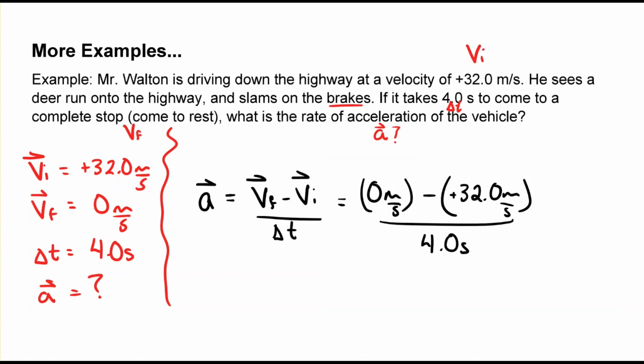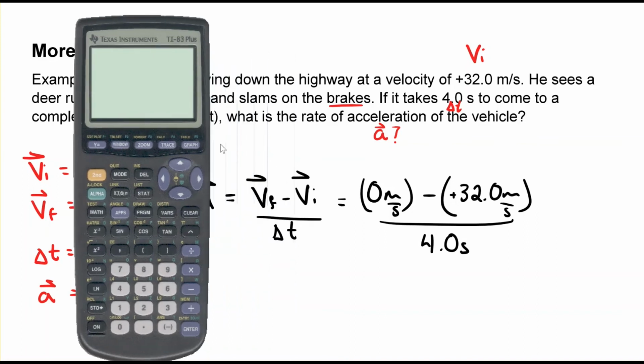So again, let's break out our calculator. Turn it on. And let's do this. Brackets, because we've got 2 numbers on top divided by 1 number on the bottom. So 2 numbers on top, we need brackets.